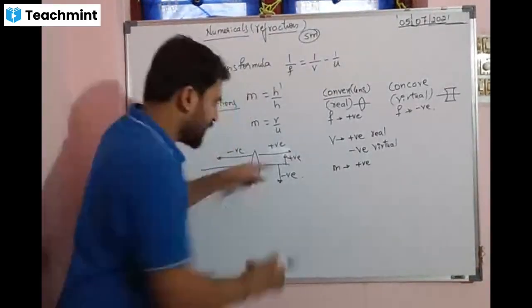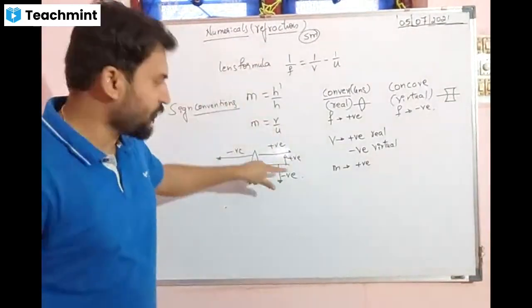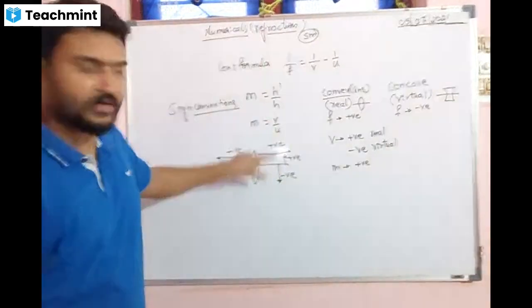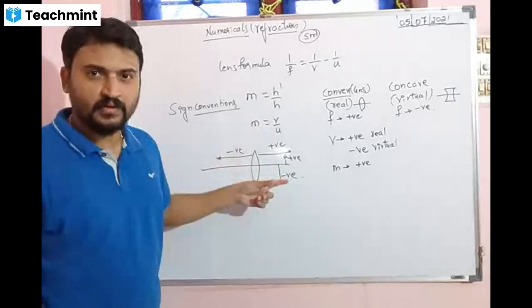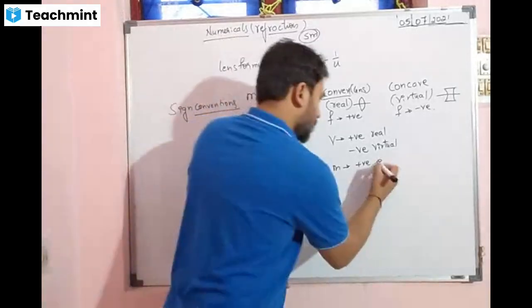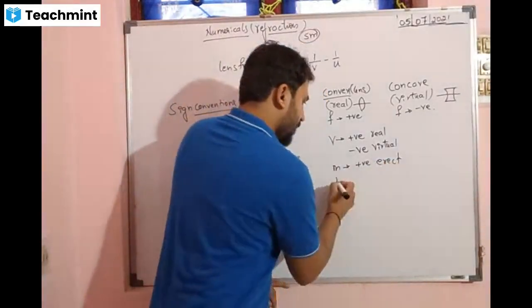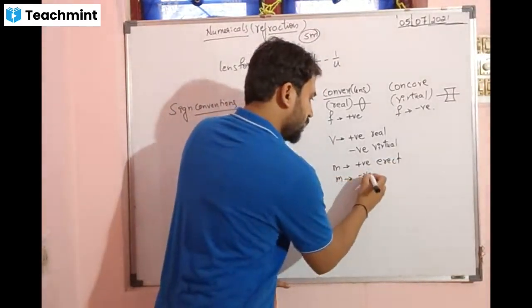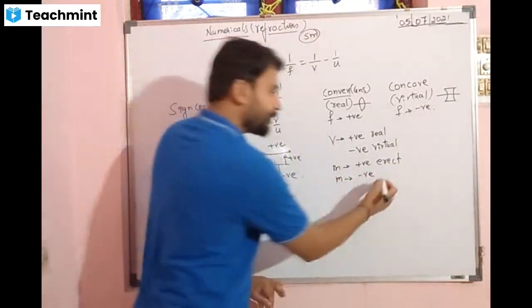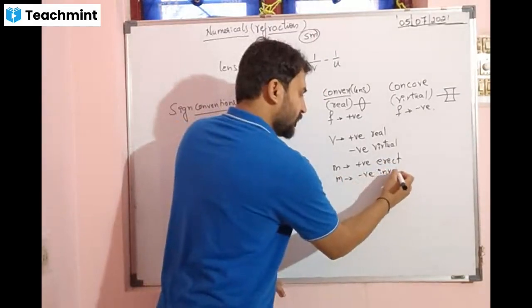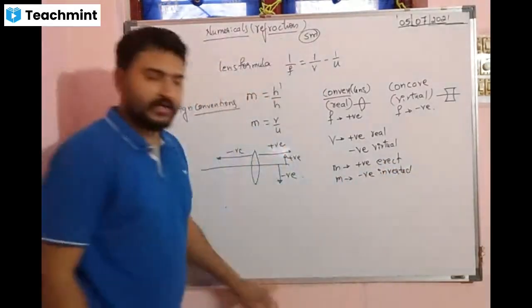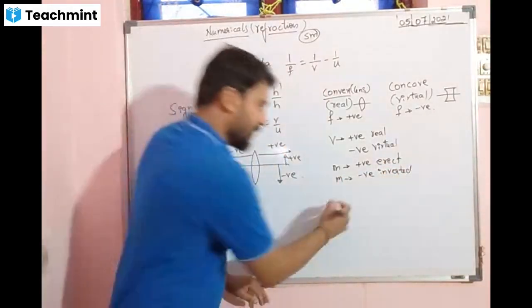So M positive, that is above, means what type of image is formed? Erect or inverted? Erect. Erect image. If M is negative, then what type of image is formed? Inverted. So now let us look back at the numbers.